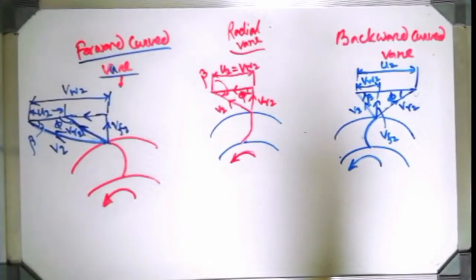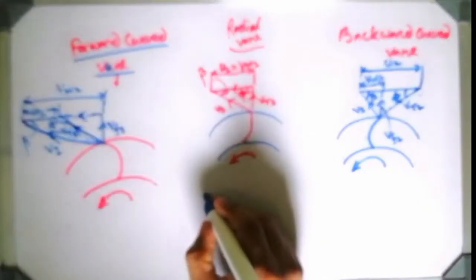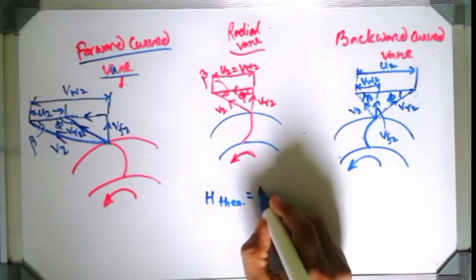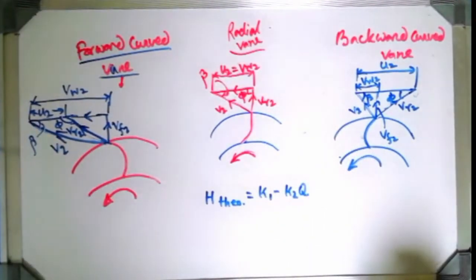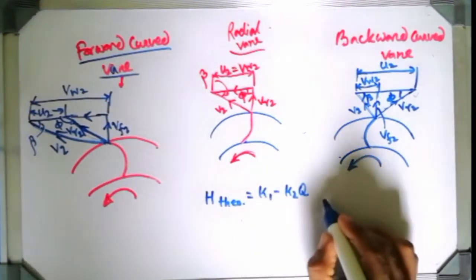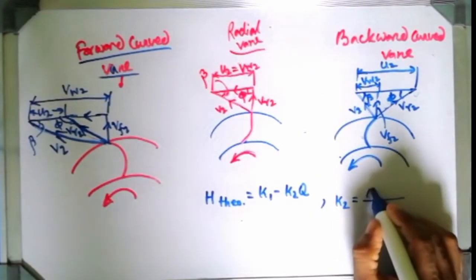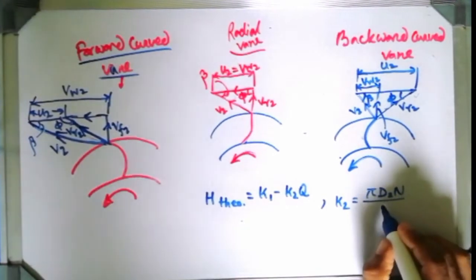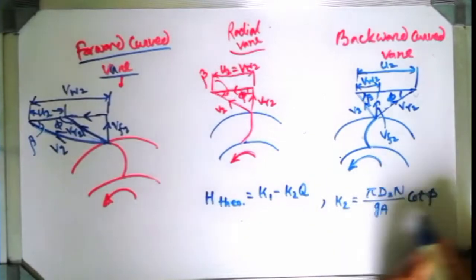Now which one is preferable for us? See, I have already explained that H theoretical is nothing but K1 minus K2 Q. And K2 is nothing but, you can go to the previous page, you can see that pi d2 N by g a into cot of phi, that thing is K2.